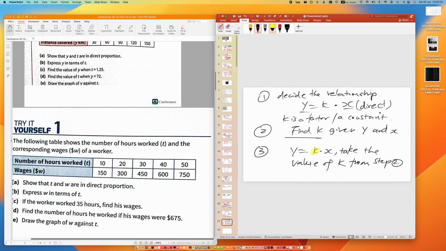150 equals to what? Just now what did you say? You replace W equals to K, and the T. And you better read out what you end up with.